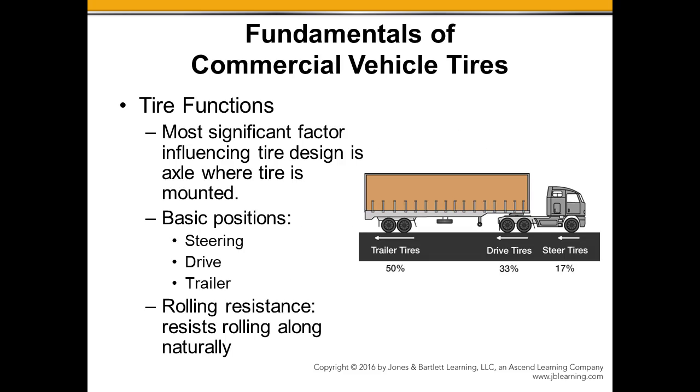A couple of different things impact what tire we put on the tractor trailer combination, such as what role it plays in carrying the load. If we look at the graphic, the steer tires carry a small percentage of the load, mostly what's from the tractor itself: the engine, the transmission, the fuel, the cab.